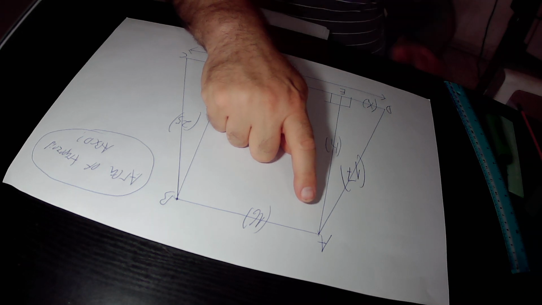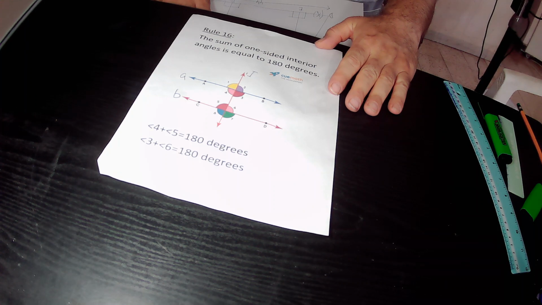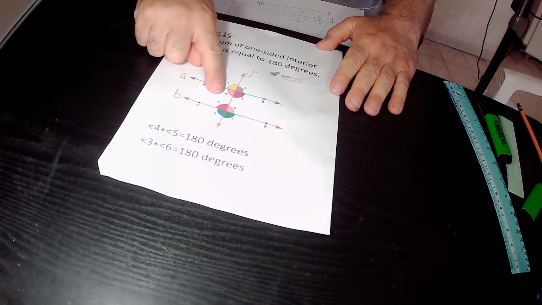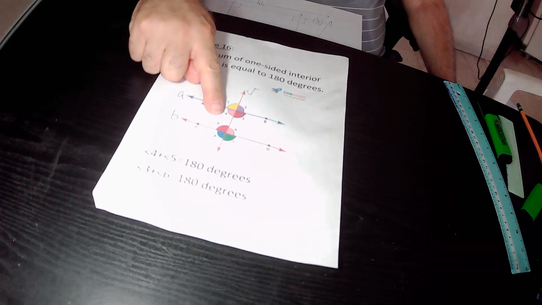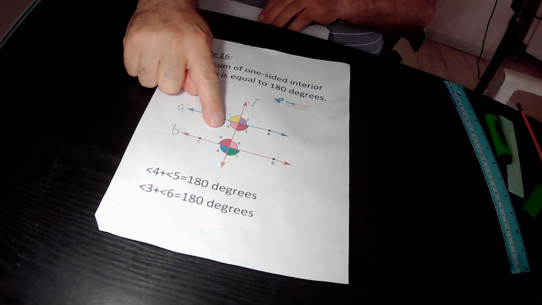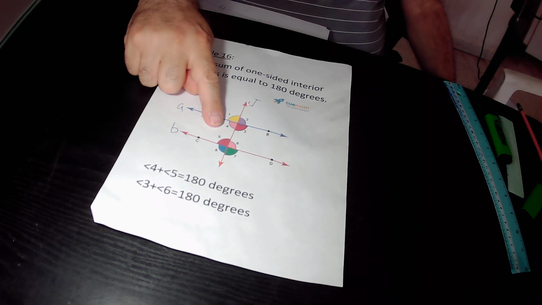So I can click on Rule 16. According to Rule 16, the sum of one-sided interior angles is equal to 180 degrees. So those two angles 4 and 5 are both defined as one-sided interior angles, and therefore the sum of them according to Rule 16 is equal to 180 degrees.